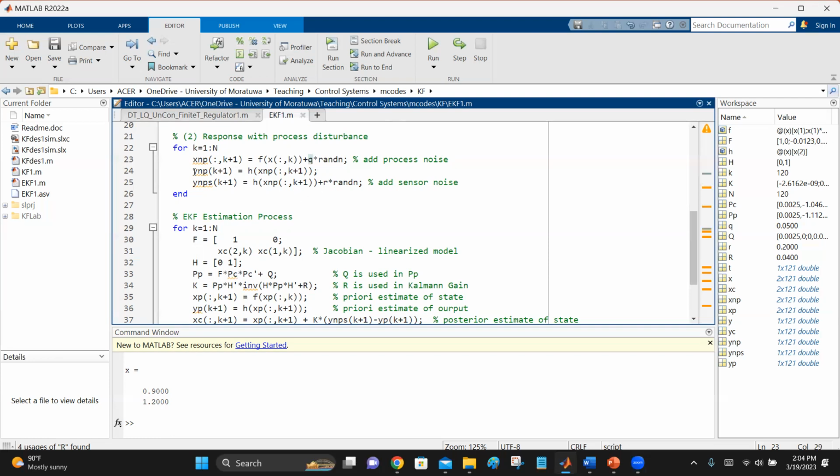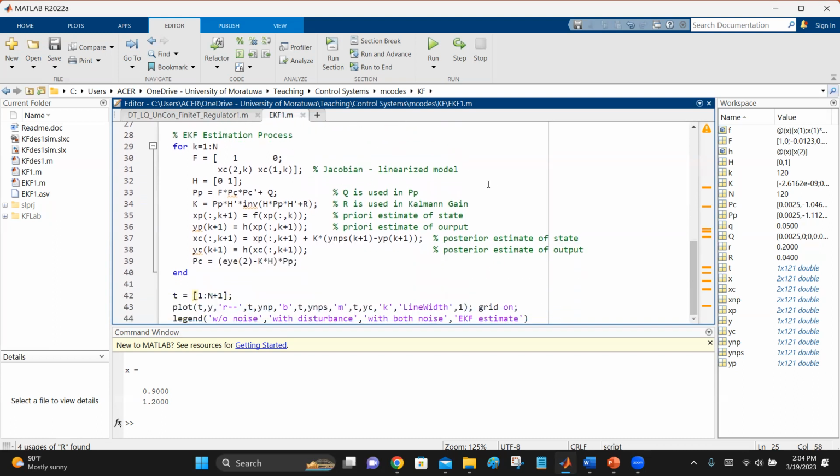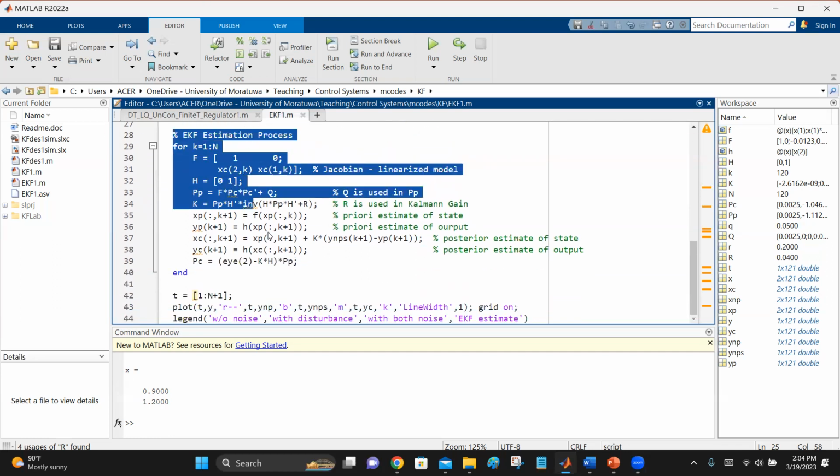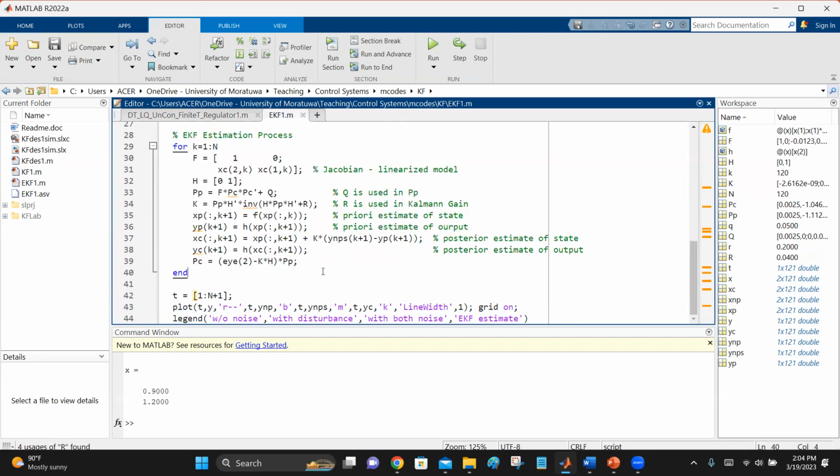Okay, and then you have your output measurement with sensor noise. The process noise and sensor noise, they both added. You have that there. Then you have the Kalman filter going on over here, which takes the capital F, right? This is the Jacobian, right?